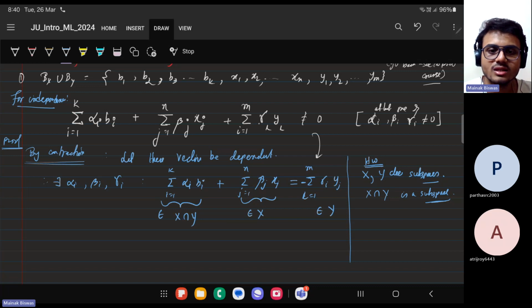Now my question is, the left hand side belongs to X intersection Y, which also belongs to X, yes or no?